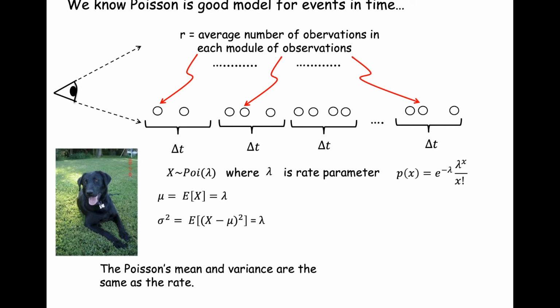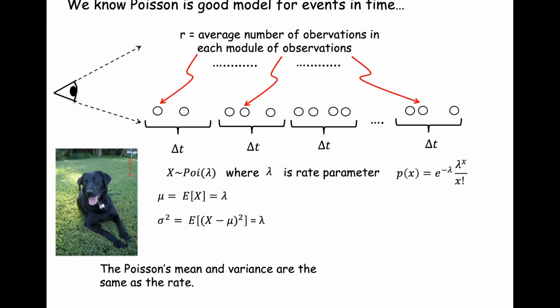Now, we did the derivations of the mean and expectation for the Poisson, and the mean is lambda, and the variance is also lambda. So this Poisson distribution is different from all the other distributions in that its mean and its variance are both this lambda.